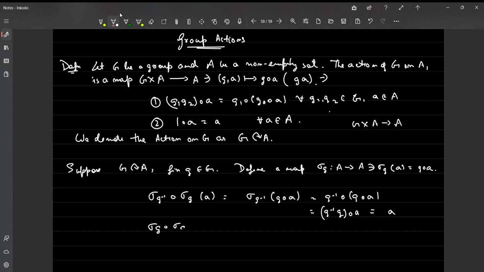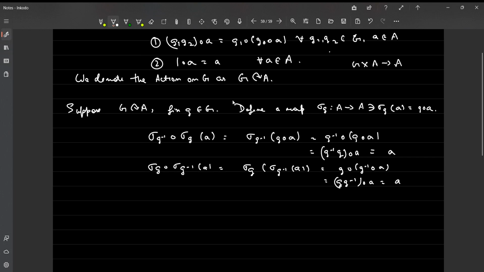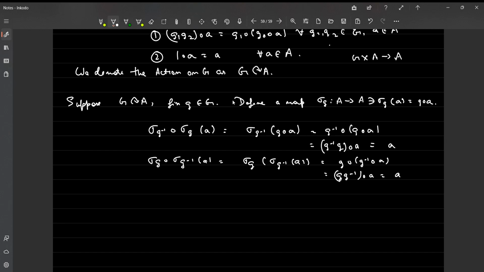Similarly, sigma g of sigma g inverse of a is g on g inverse on a, but this can be written as (g g inverse) on a, and that is also a. Therefore, an inverse mapping exists, so this is a bijective mapping. And if sigma g is a bijective mapping on A, formally speaking, sigma g permutes the elements in A.